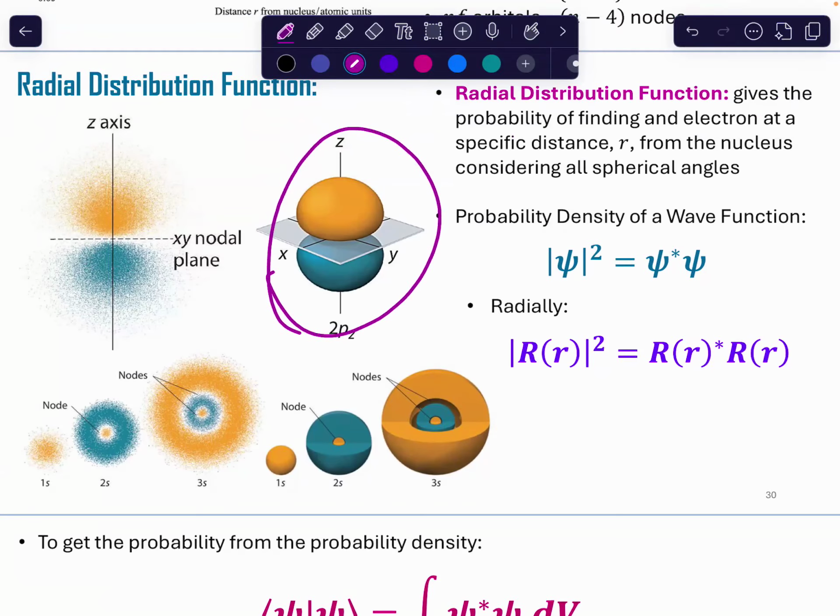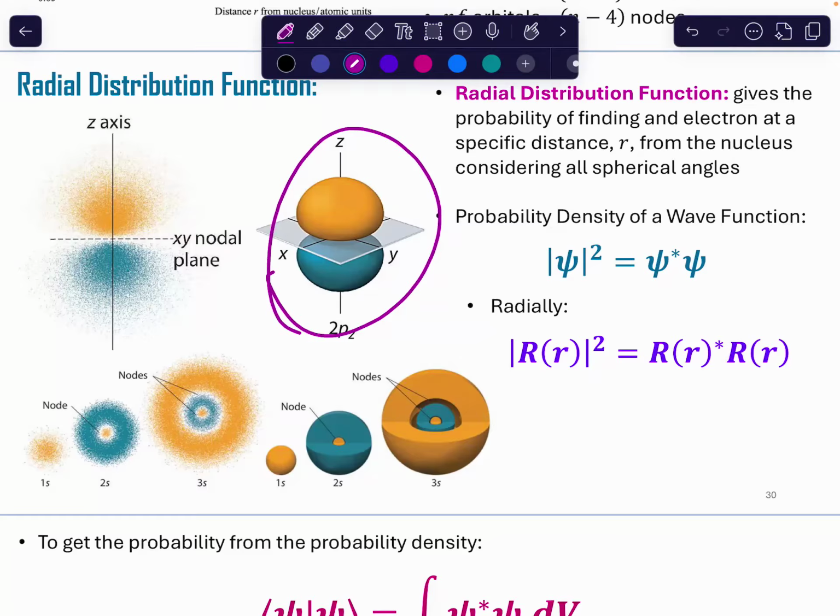First thing I want to cover is a concept called the probability density. There's a slight difference from probability. Think of it as, the larger the probability density gets at a certain value of r, the more likely you are to find an electron there.